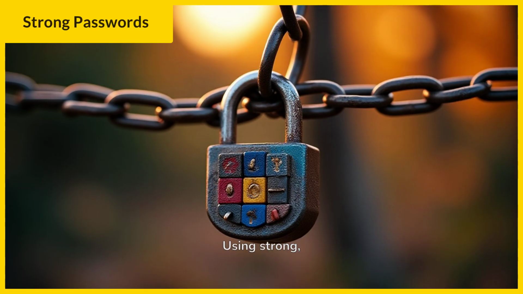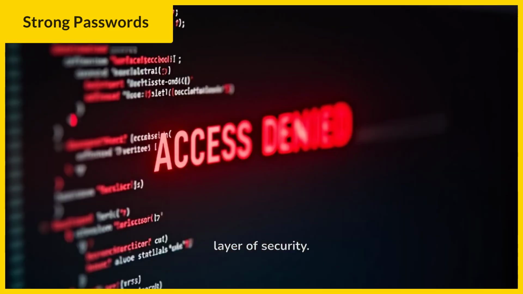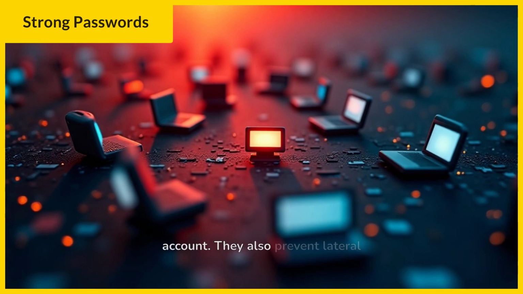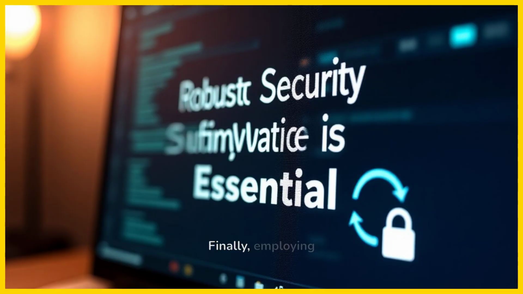Using strong, unique passwords for all accounts adds another layer of security. While not directly preventing rootkit installation, strong passwords limit the damage if an attacker gains access to one account. They also prevent lateral movement within a compromised network. Finally, employing robust security software is essential.